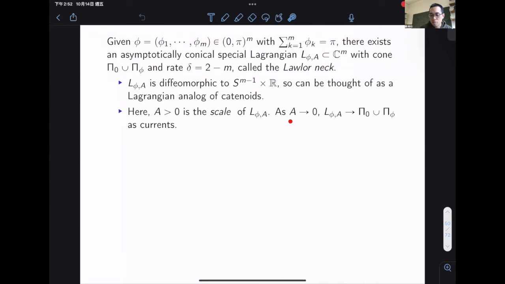And as A goes to 0, this Lawlor neck converges to this pair of planes in some suitable sense.